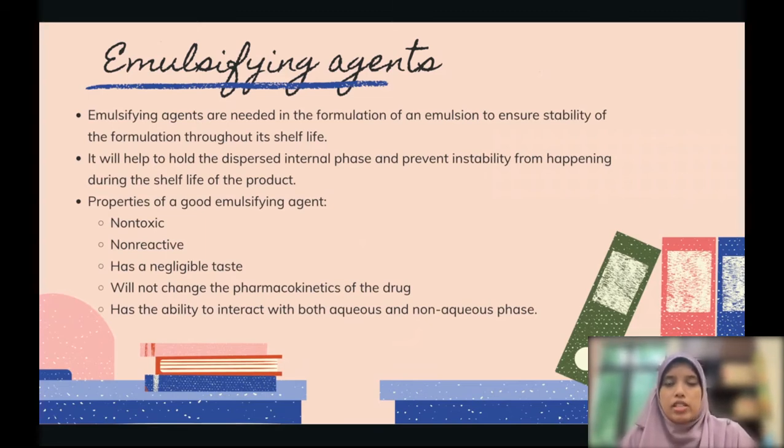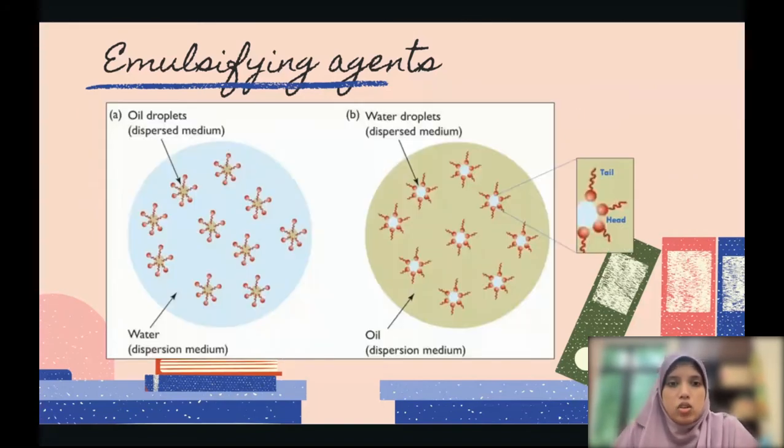And also, the emulsifying agent has the ability to interact with both the aqueous and non-aqueous phase. So that's why, as explained in the video earlier on, emulsifying agents usually have two parts in their structure: the water-loving part and the oil-loving part. So this image will explain a bit on the activity of the emulsifying agent.